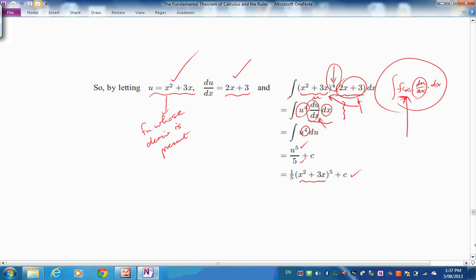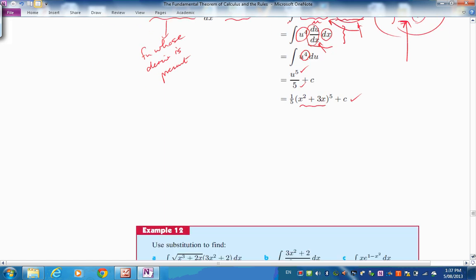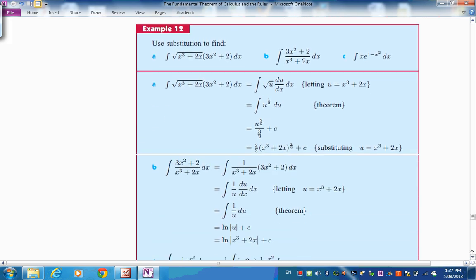Okay. Do we need to do another one? I think we'll just come down here and have a look at another example. So, use substitution. Yes, this method is called the method of substitution, but really it's the recognition of the chain rule being applied. And we're going to prove that recognition by using substitution.